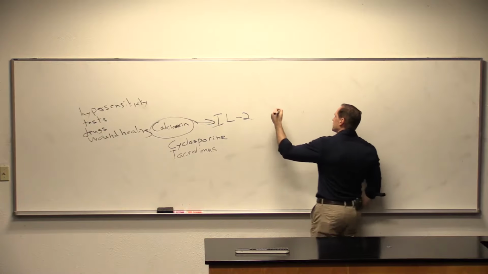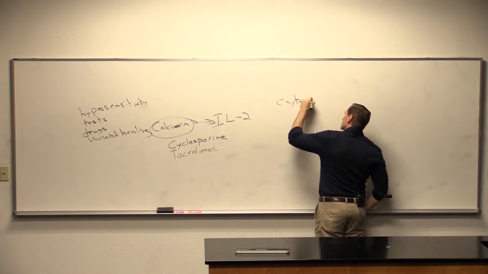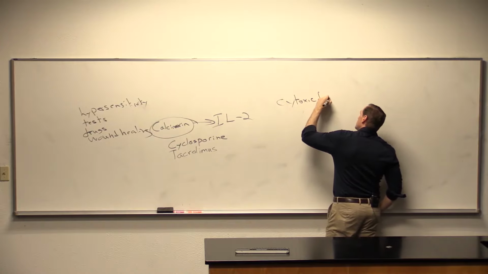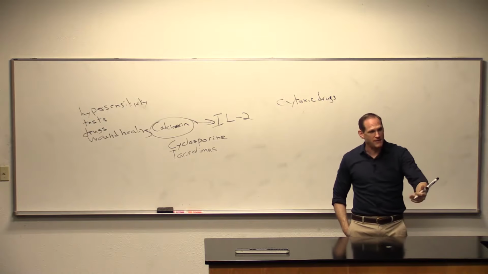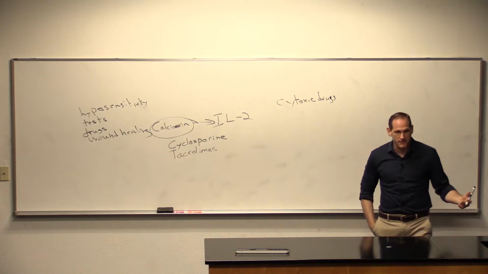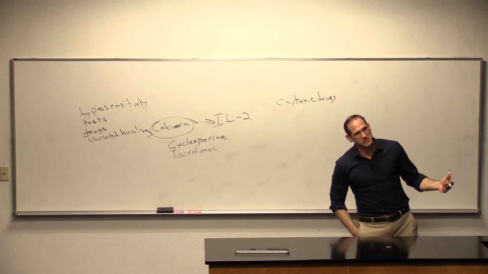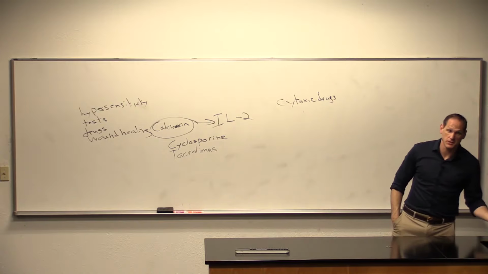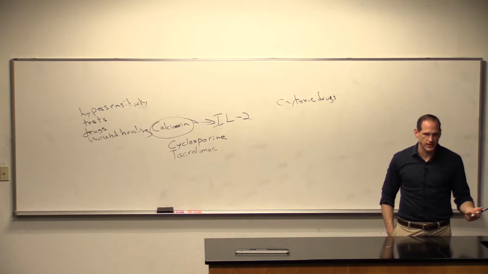Next, we have drugs that are called cytotoxic drugs. And these drugs, the way that they work is by inhibiting all fast-growing cells. And if you need to mount a new immune response, what would be fast-growing cells? T cells, plasma cells, neutrophils, all of those would be fast-growing cells.